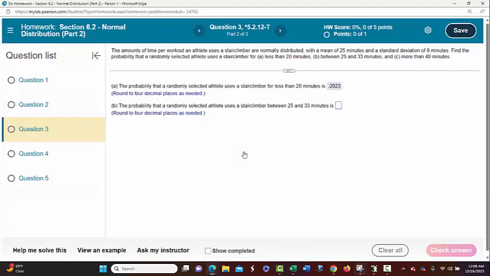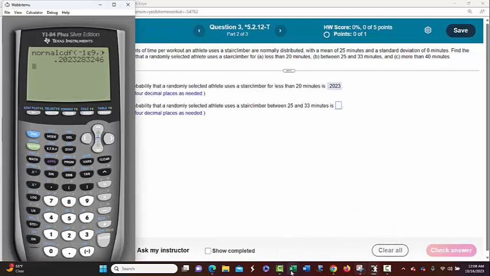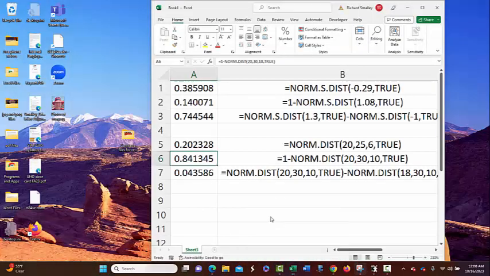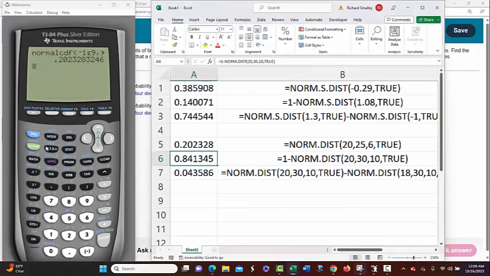Between 25 and 33. All right, so the smaller number then the larger number.